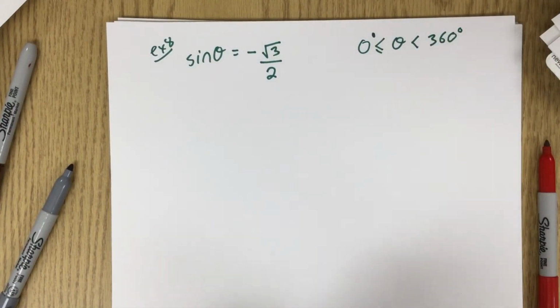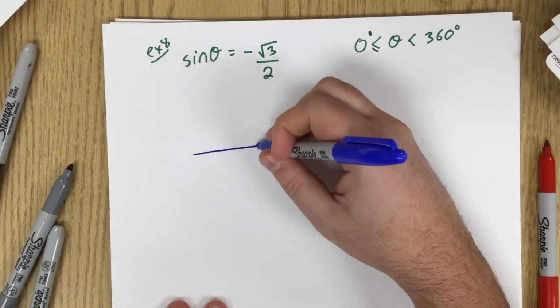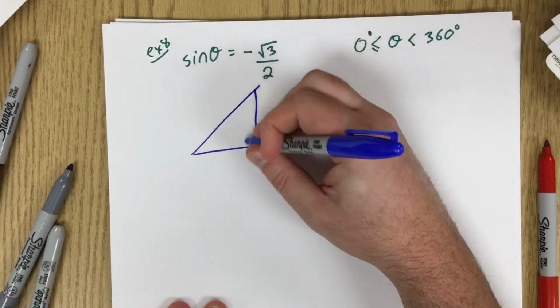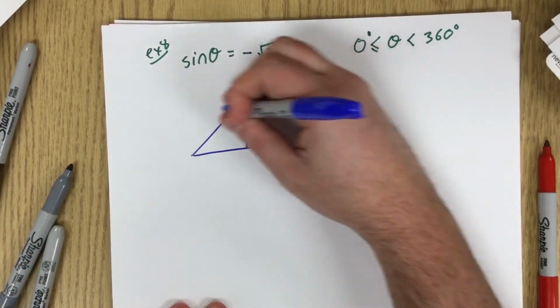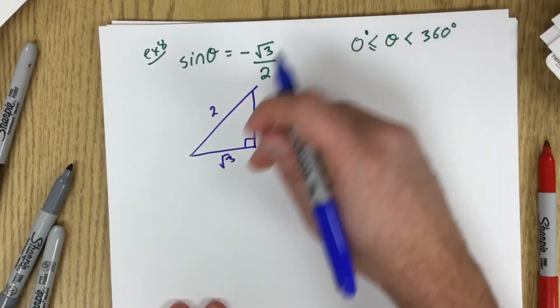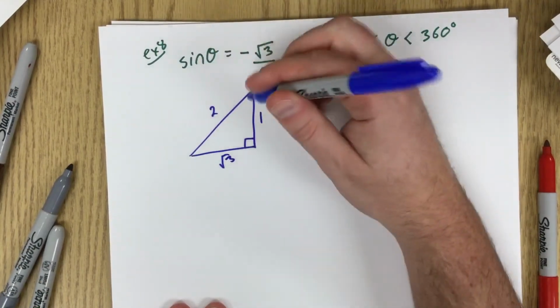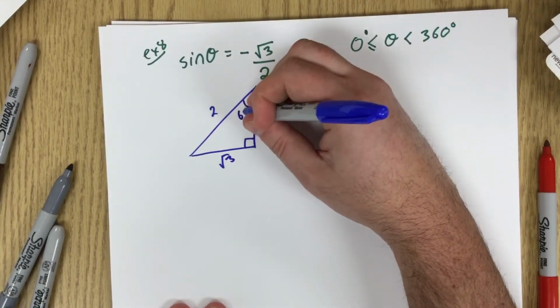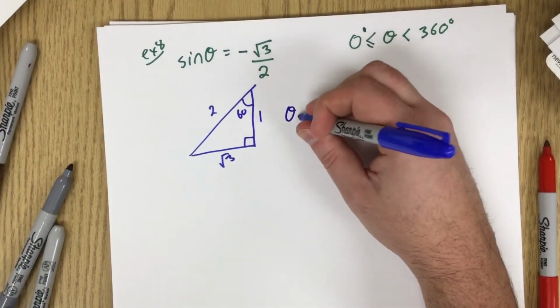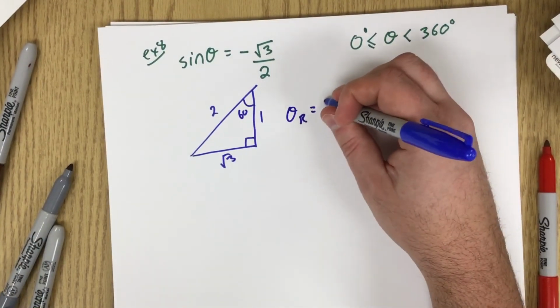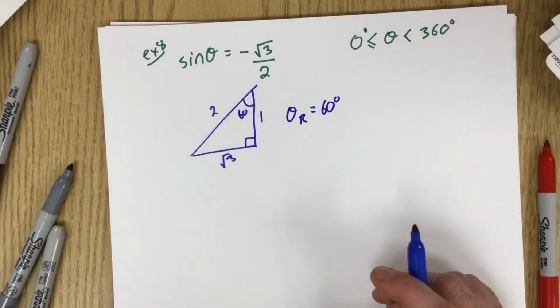So what we're going to do, this is another 1, 2, root 3 triangle. We'll temporarily ignore the negative. So it's 1, 2, root 3, and we want root 3 over 2, and it's going to be sine. So it's going to be 60. So once again, our related acute angle is 60 degrees.